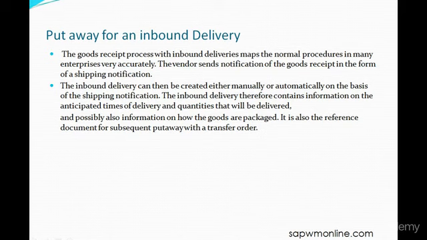Once you do a put away at the WM level with the transfer order and confirm the transfer order, only then are they available at the WM level in the bins. So there is some time gap between the goods being available at an IM level and then in the bins at a WM level.